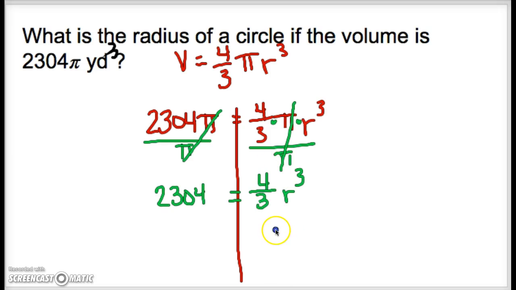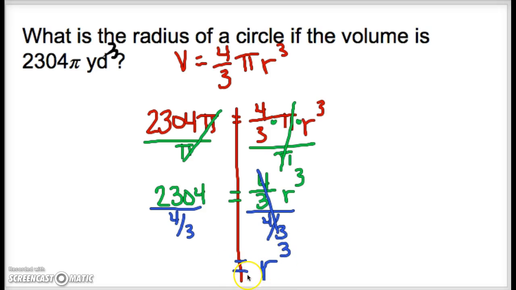If I'm going to get rid of the 4/3, a couple of ways you could do it. Since it says 4/3 times r cubed, you could divide by 4/3 on each side. Or that would be the same thing as multiplying by 3/4. So those cancel.